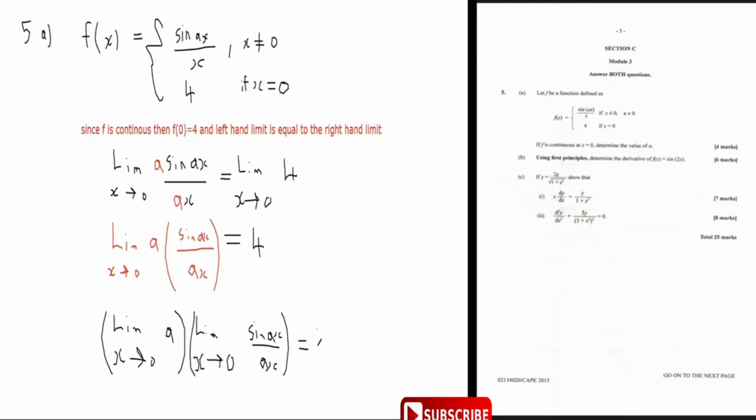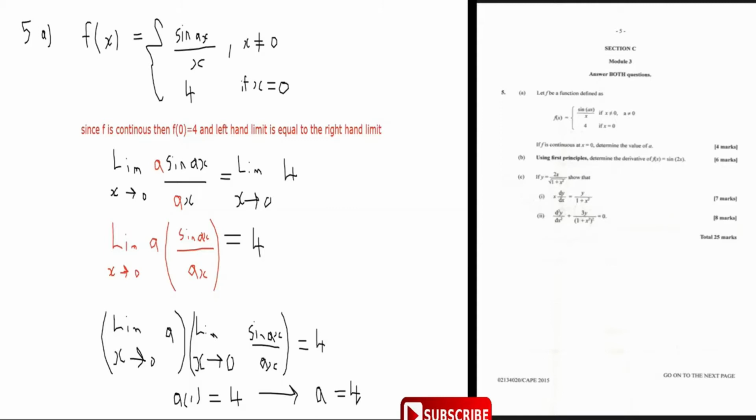This is equal to 4. Now the limit of sine ax over ax is 1, and the limit as x approaches 0 of a is a. So we're getting a times 1 is equal to 4, and this implies that a equals 4. All right, nice and easy. So a equals 4.